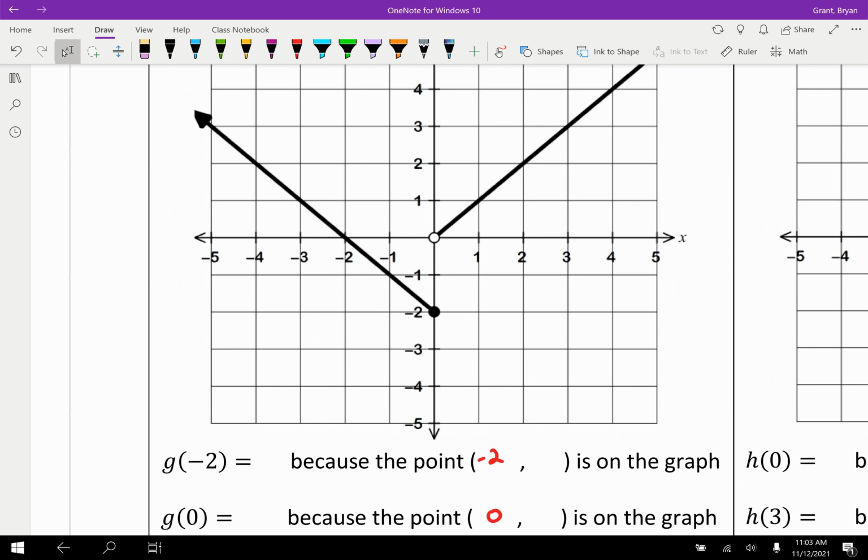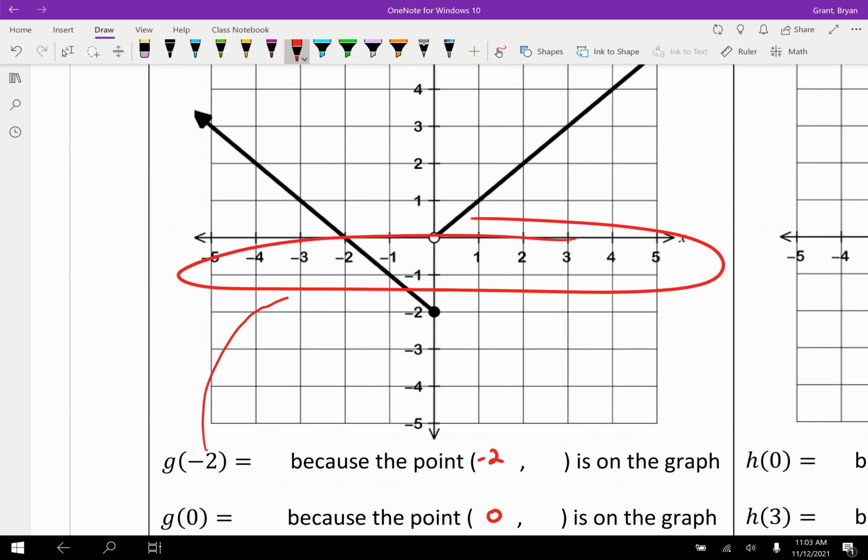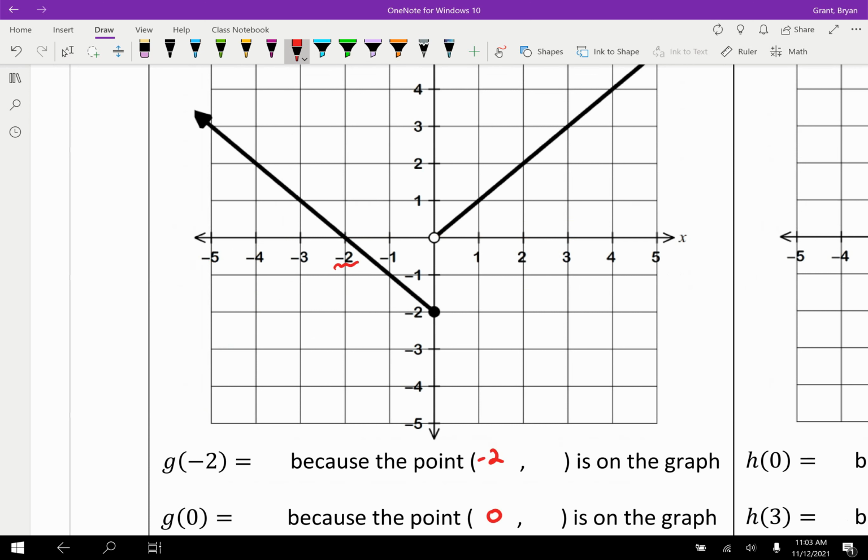Well, g of negative 2, we just go to the x-axis. Here's my x-axis. We go to negative 2, and we think, is there a point on one of these lines that has an x value of negative 2? Well, yeah, I think so. I think this is the point negative 2 comma 0. And so that tells us if we had an equation and we substituted in negative 2, the output should be 0.